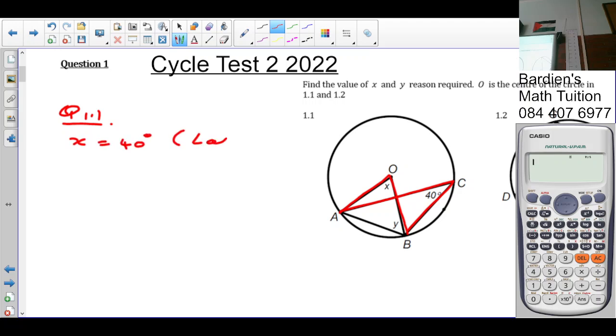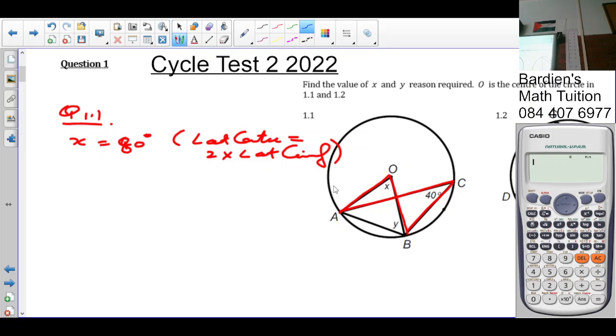Why? Angle at center equals 2 times angle at circumference. So not 40, it's 80. It's double. I wrote 40 because I will tell you something regarding that 40 afterwards.